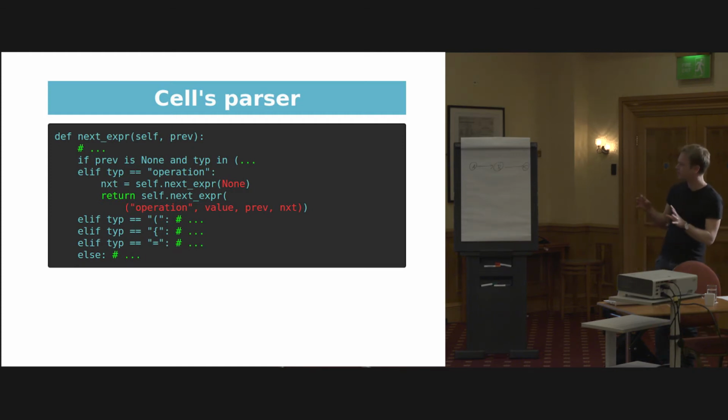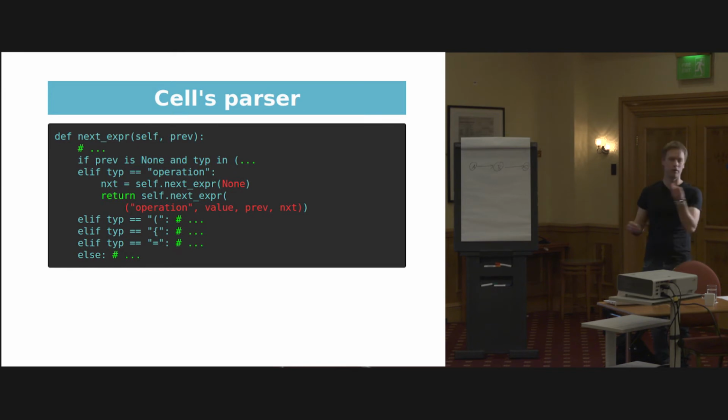Okay, so that was all just preamble to say, we're going to make an operation, and then we're going to pass it back into another recursive call to nextExpr, because there might be more coming later. But then operation needs to know the type of operation this is, like plus or minus or times or divide, but it also needs the two things that are being operated on.